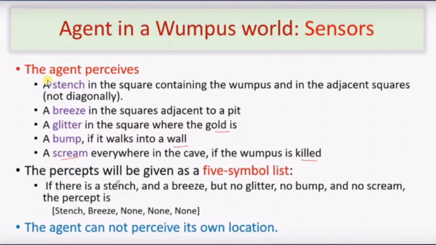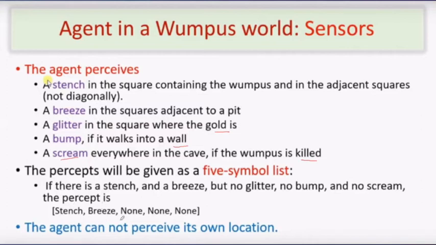In place of glitter it will be none, in place of bump it will be none, in place of scream it will be none, but stench and breeze are there, so that's why stench and breeze are coming here.